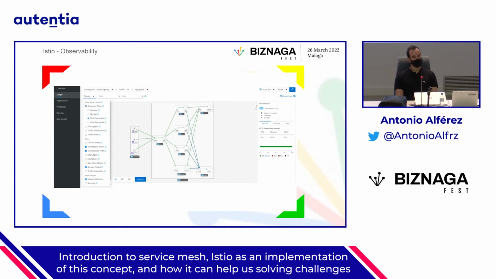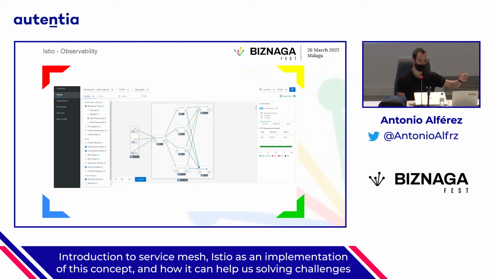And actually, I would like to show you a really interesting screenshot here. Yeah, I believe you guys can see it. Because Istio provides a lot of metrics about the network layer, this tool is called Kiali. It just takes the metrics provided by Istio and draws a map of the communication between your services. And think about this. It's really easy to pinpoint a problem because you have all this information at your hand.